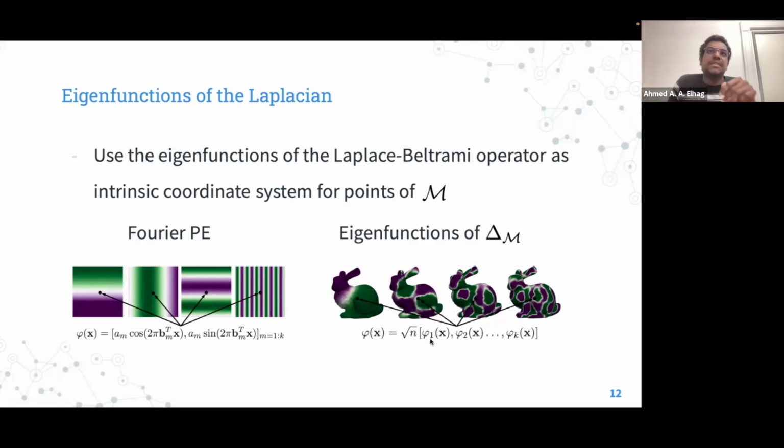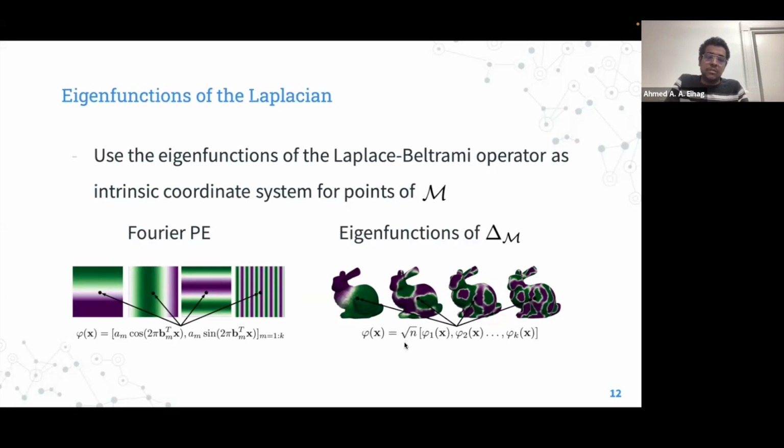The main idea is that you order them by the lowest eigenvalues, and then you remove the first eigenvector, which is constant, and then you also normalize by the square root of your number of vertices, or your number of nodes for graphs.